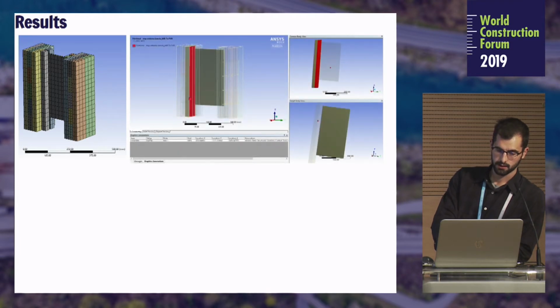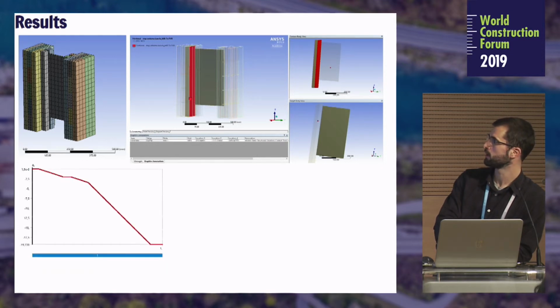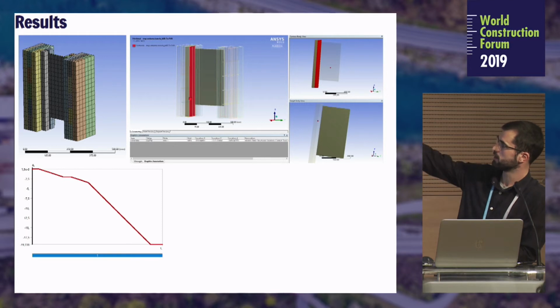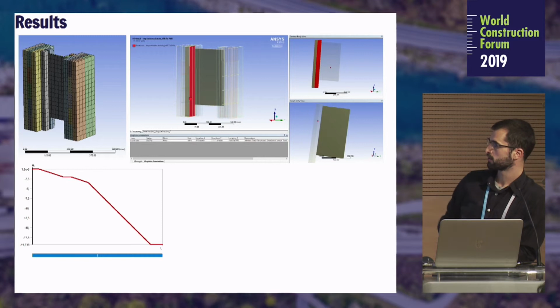After that, these are the steps. The first picture shows the mesh, the most convenient mesh that we found. In the second picture, we have to define the contact. The next two pictures show the contact between the glass and the wooden element. The picture down here shows the input data.